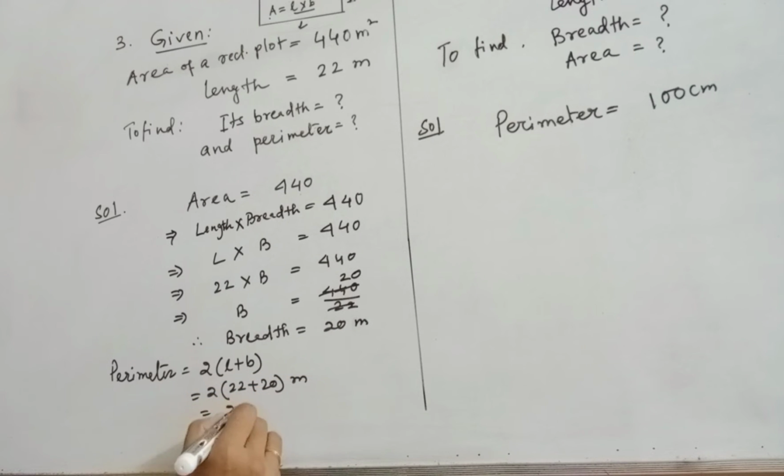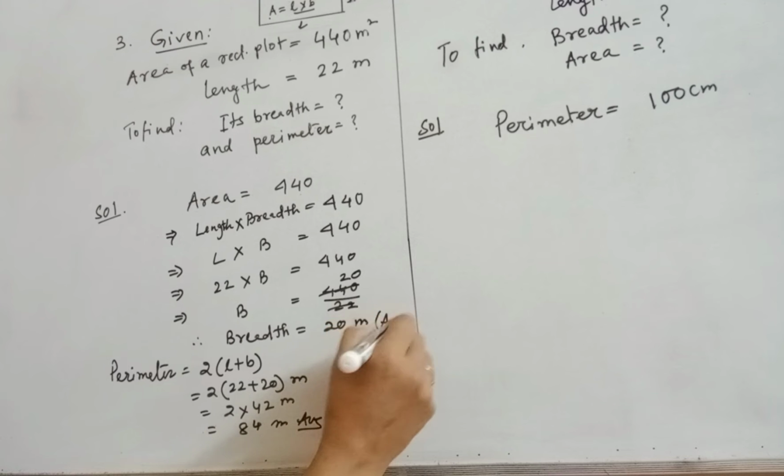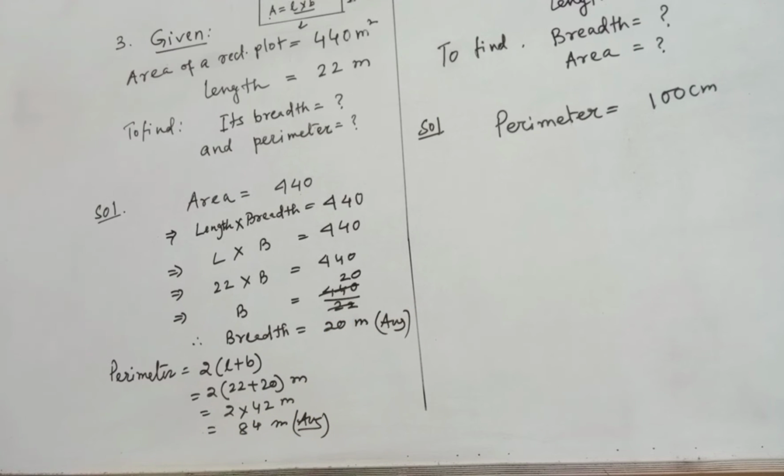That is 2 into 42 meter. That is 84. 2 4s are 8, so 84 meter. So this is one answer and this is another answer. It was easy for you also.